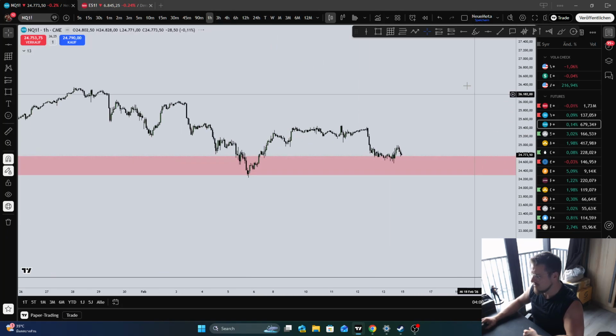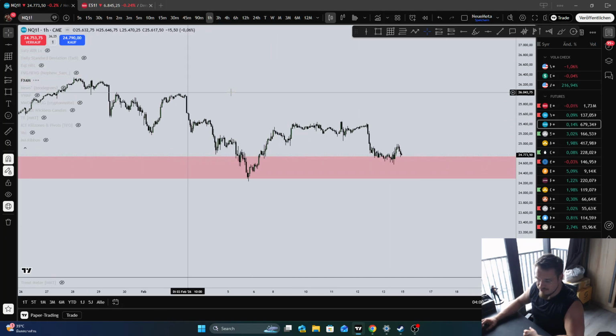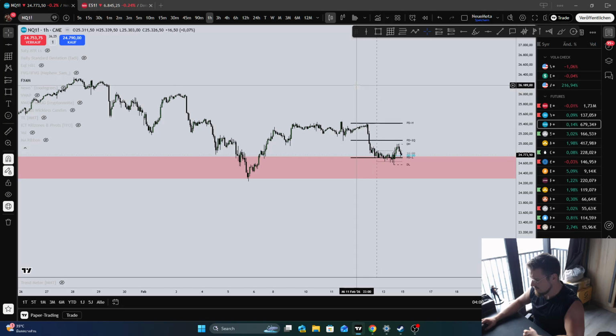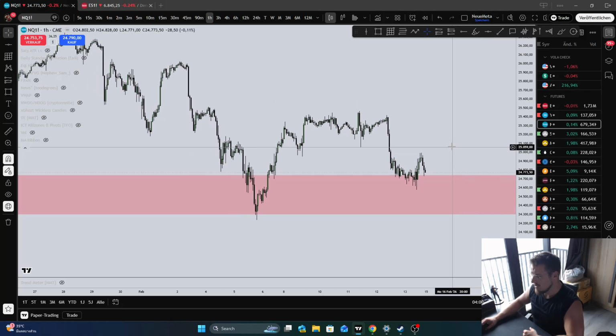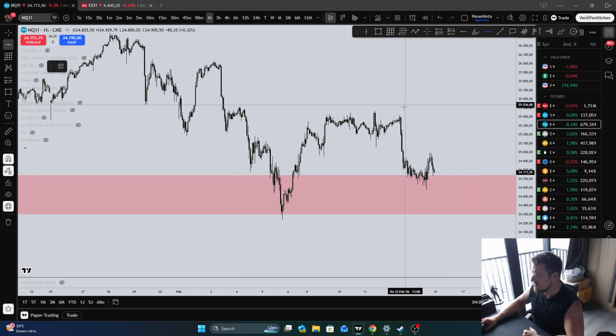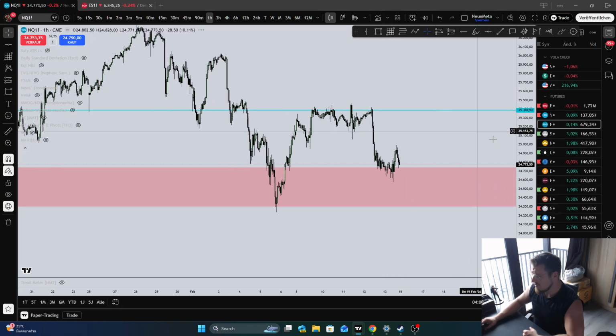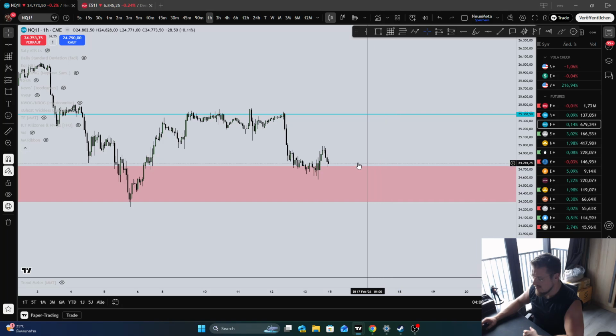If you go into the lower time frame, here we can see the 50% rejection of this market, and here's not much to be seen.